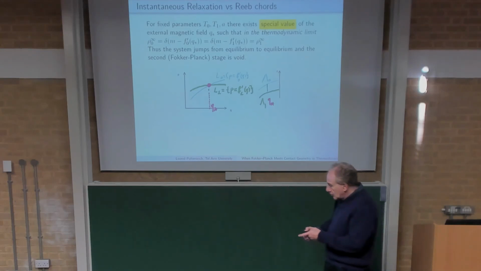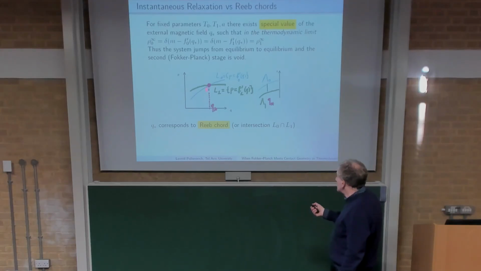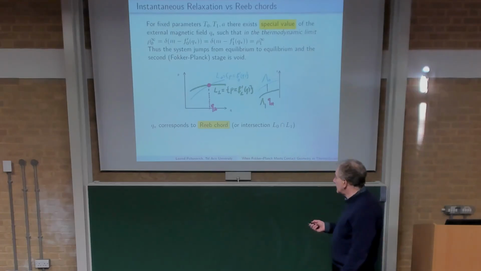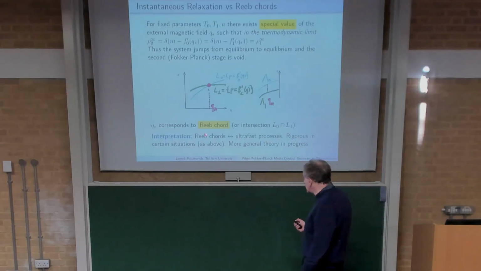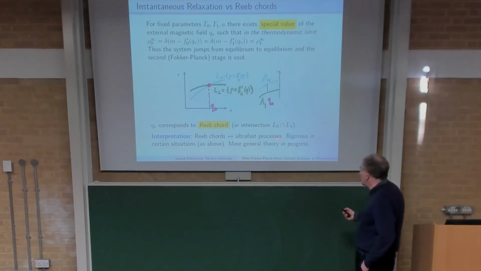Now this special value Q star corresponds to the intersection point of two Lagrangians, or it's called the Reeb chord. I will explain shortly what this is, joining these two Legendrian submanifolds. The interpretation which I just gave is that these Reeb chords correspond to ultra-fast processes.